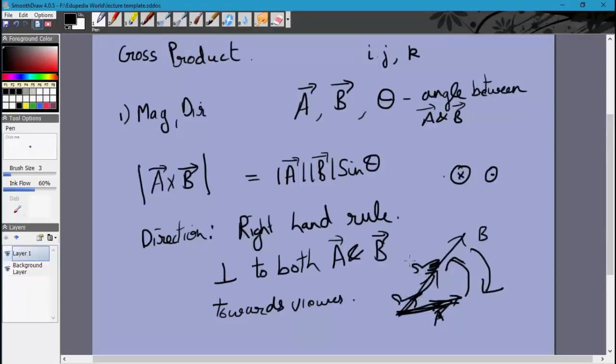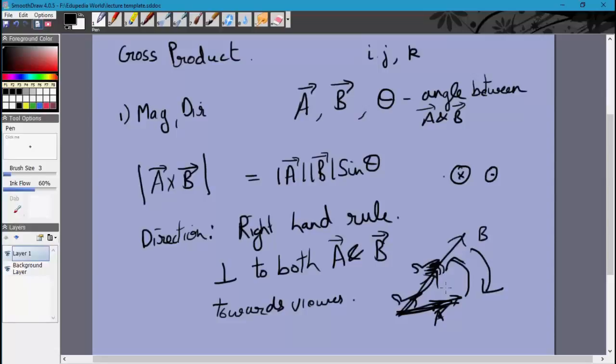Your thumb will point inside the plane, away from the viewer, and your fingers will curl in this direction towards a. So if you have a cross b, you place the fingers of your right hand, and it has to be the right hand, towards the first vector, and you curl your fingers towards the direction of the second vector. Whatever the direction of your thumb is tells you the direction of the cross product.